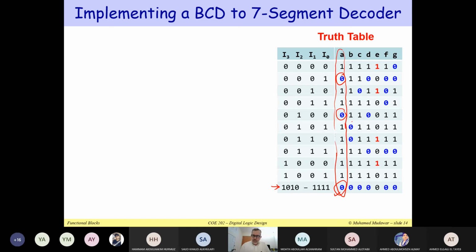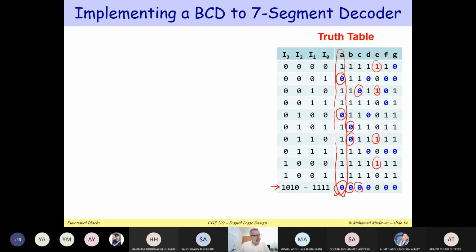The same thing can be said for the output B. Notice that we have these 3 zeros. The same thing can be said for the output C. We only have 2 zeros, so a 2-input NOR gate, and so on. Now, except for the output E, if you look at E, we have 1, 2, 3, 4 minterms.